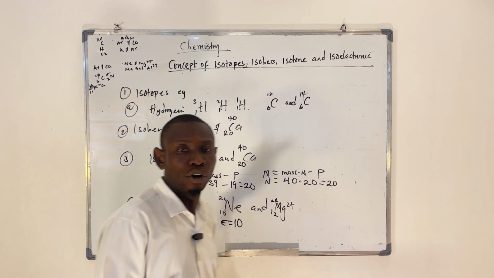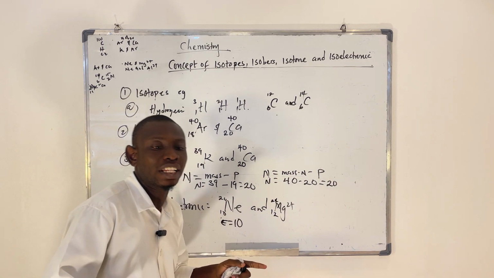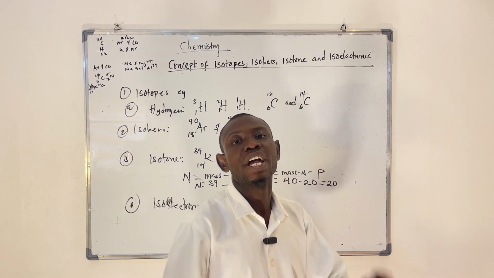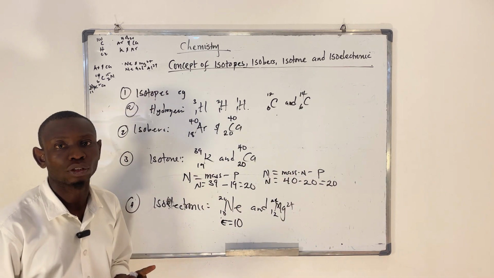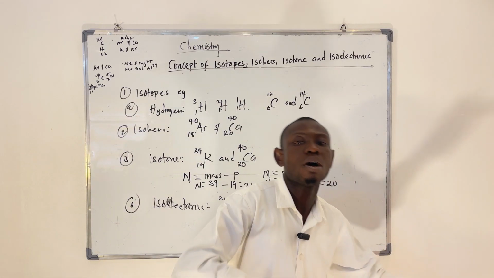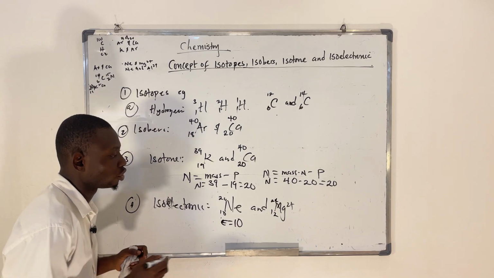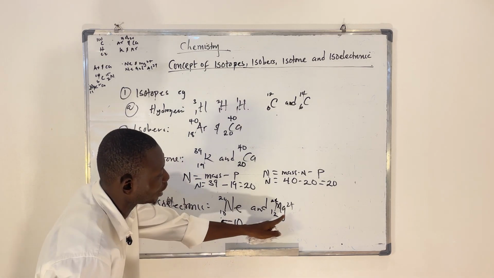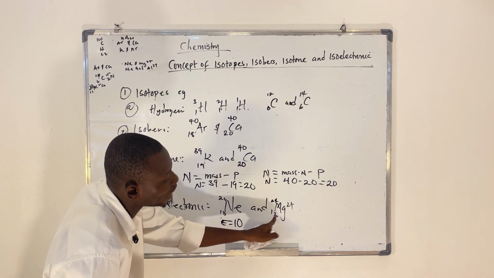But in an ion, either positive or negative, the number of protons is not equal to the number of electrons, because in ions there must be a loss or gain of electrons.